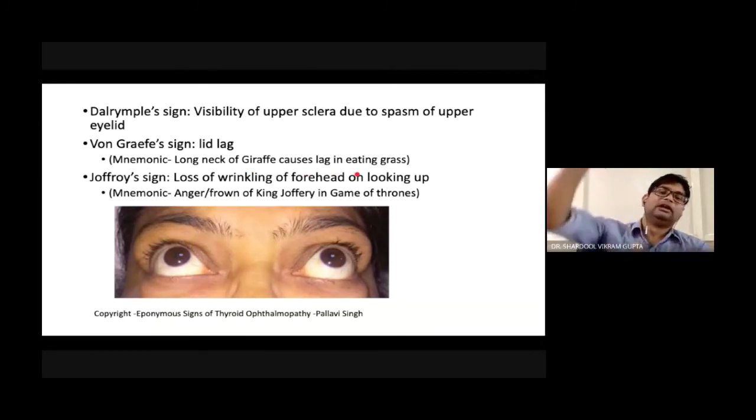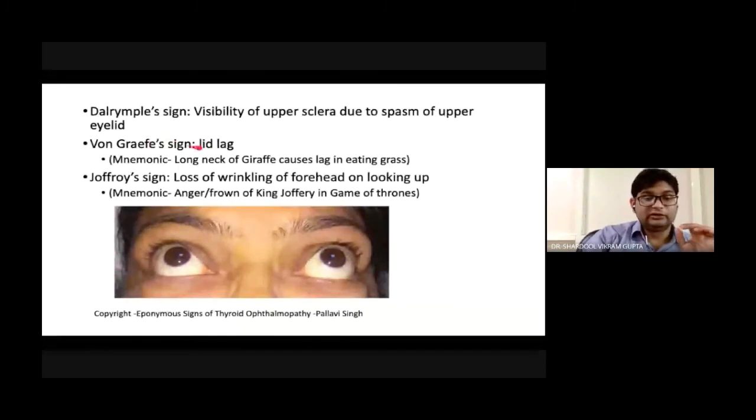If the giraffe is taller and has a longer neck, there will be lag in eating the grass. So Von Graefe sign, refer it to giraffe and remember it is the sign for lid lag. It appears foolish, but I actually remembered it by this method, so I am telling you guys.